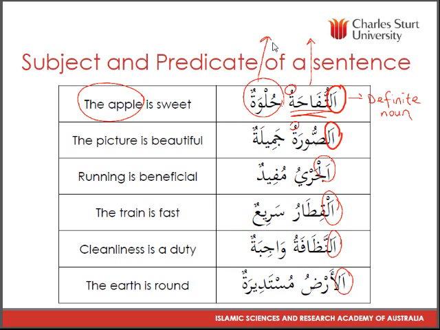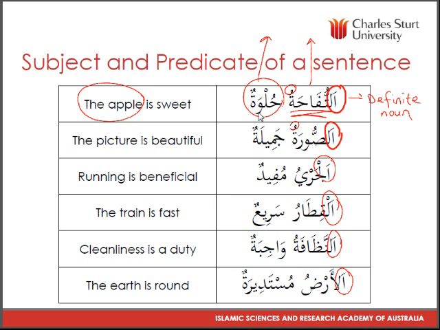So in this sentence, look, at-tufahatu. I am not saying al-tufahatu because ta here, it is what? Shamsi. Yes. It is solar. It is sun letter. That's right. That's why we say at-tufahatu. And because it has al, tufahatu is the apple. It is mubtada. It is a subject. It is definite noun. Is it the opposite to the nakira?